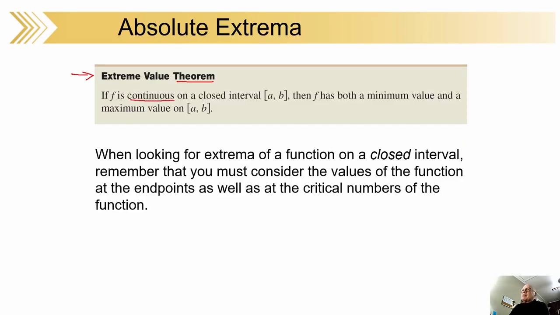If f is continuous, in other words, we're not picking up the pen as we graph the function, then when you go from A to B, as you're drawing your graph, f will have a minimum value and a maximum value. It might be at one of the critical points, it might be at the end points. So you have to check out the critical numbers and the end points.